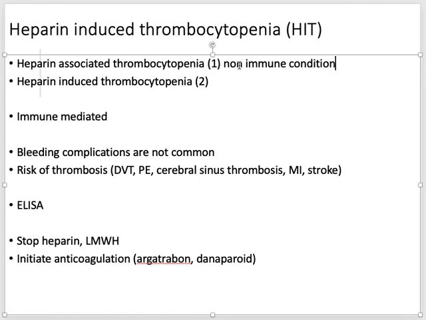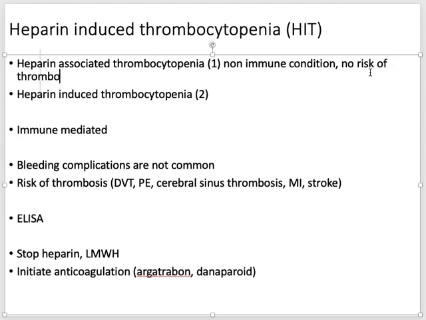In type 1, that's why I wrote heparin-induced thrombocytopenia above. Before it was type 1, type 2, but now they name it differently. They call this one heparin-associated thrombocytopenia because this condition is non-immune, whereas heparin-induced thrombocytopenia is an immune-mediated condition. In this one there is no risk of thrombosis, whereas in heparin-induced thrombocytopenia there is risk of thrombosis.